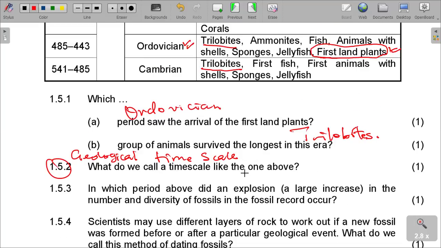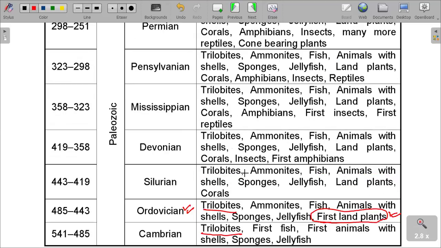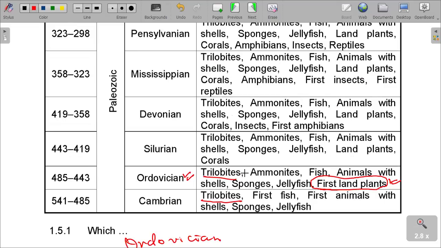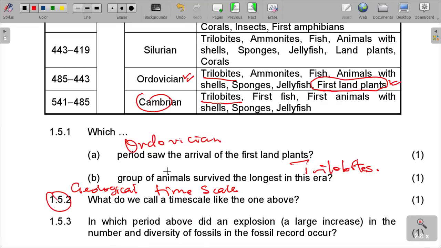As you can see here, let's check the period and the fossils. Which one was it? If you check here, it is the Cambrian period.